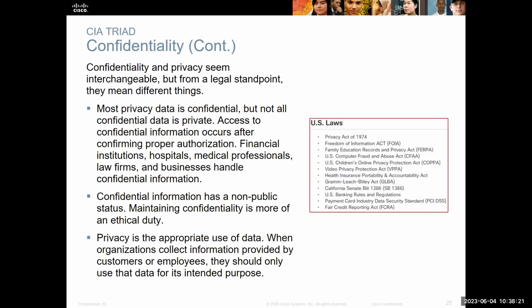Access to confidential information occurs after confirming proper authorization. So before you access confidential information, you must have proven that you have the right authorization. Financial institutions, hospitals, medical professionals, law firms, and businesses handle confidential information. Like, you can go to a bank and claim to own an account with that bank, and you might request data updates.